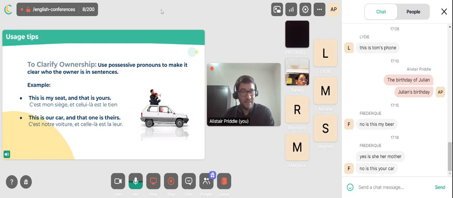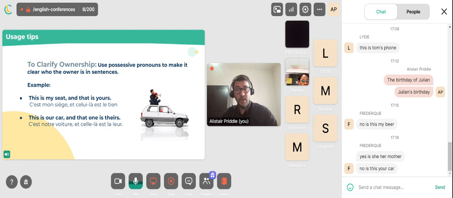Okay, so here's another tip for using these possessives. To clarify ownership, use possessive pronouns to make it clear who the owner is in sentences. Example: this is my seat and that is yours.